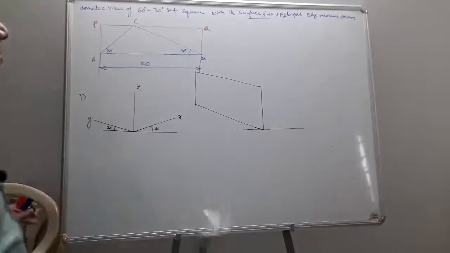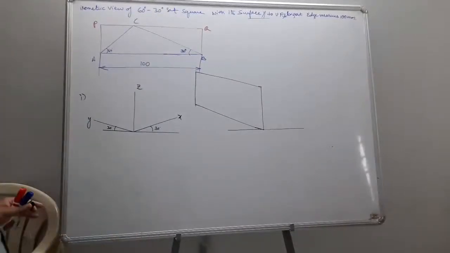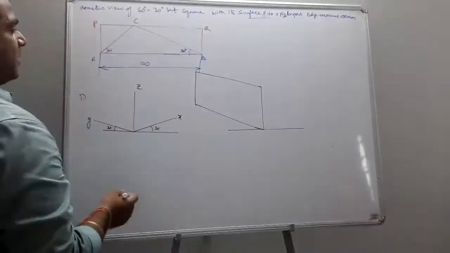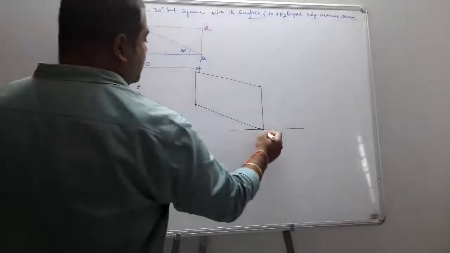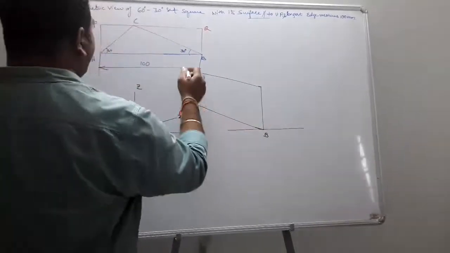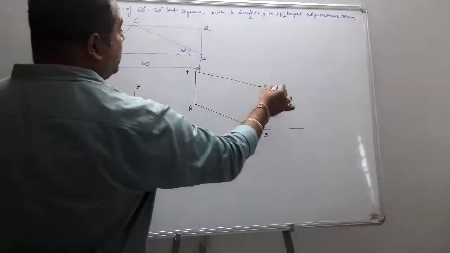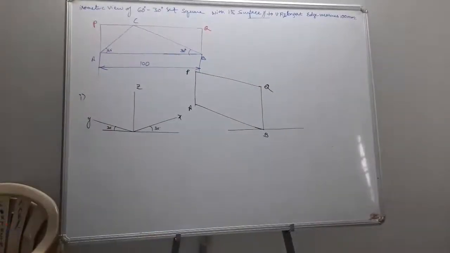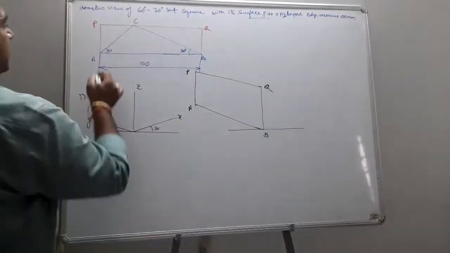Now let us consider this is Z and Y. Let us consider this is B, A and this is P, Q. I know that A and B are going to be two of the points.